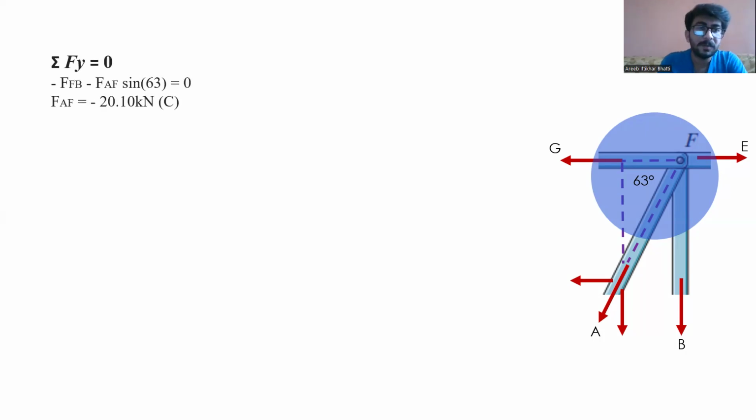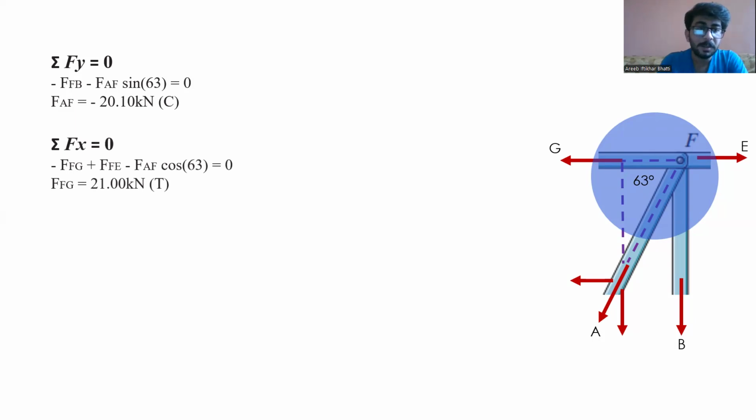So if we take the force in y direction, we get negative force FB and negative force AF with its vertical component sine 63, which is equal to 0. So we get force in the member AF, which is minus 20.10 kilonewton. Through this, we found that the member AF is in compression.